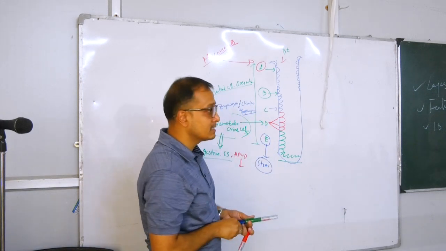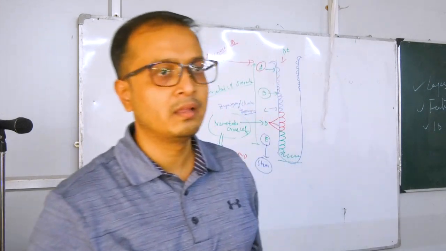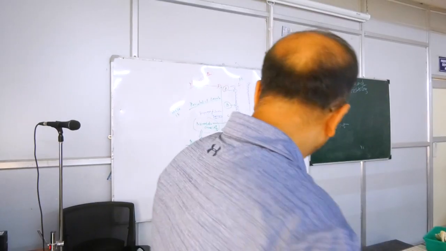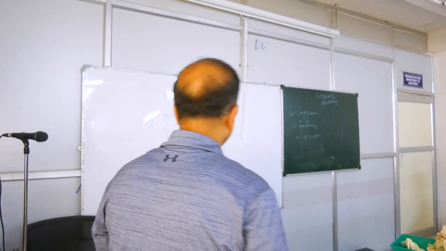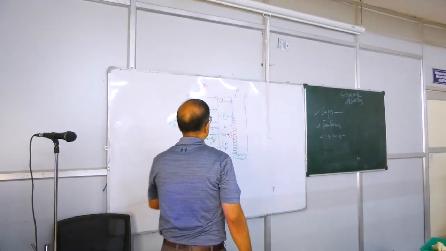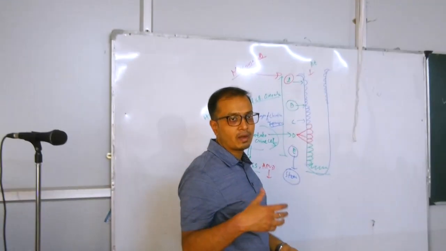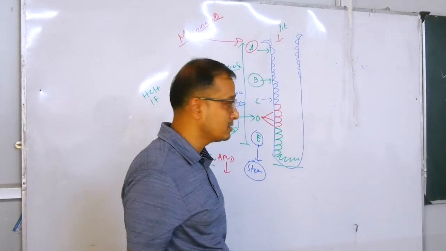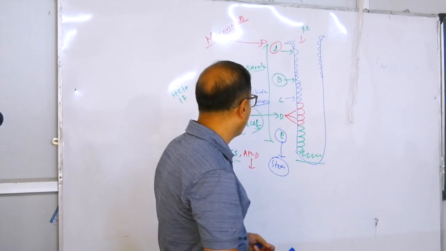Now each of these cells has a different physiological function. The mucosecretory cell is lubricating. The parietal cells secrete HCl along with the intrinsic factor, which helps in absorption of B12. The pepsinogen, which is liberated by the chief cell, is catalyzing the breakdown of proteins into smaller proteins and smaller amino acids.